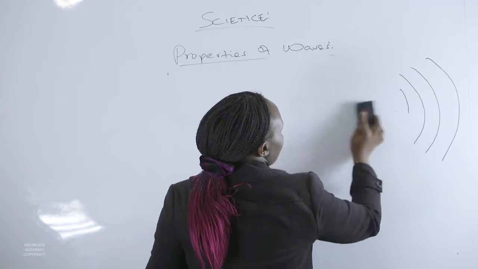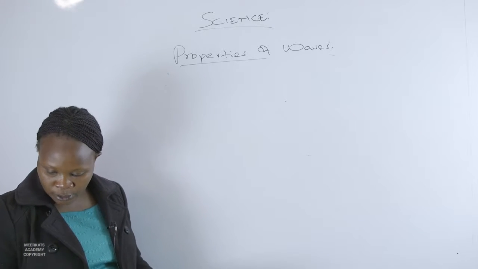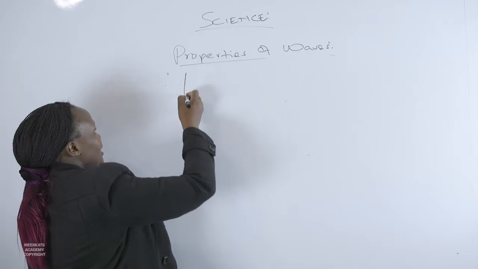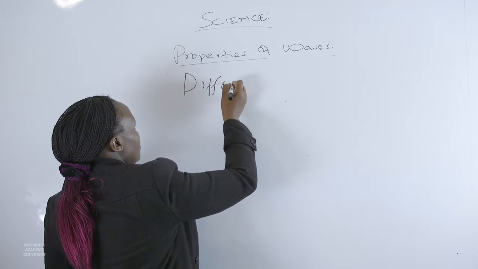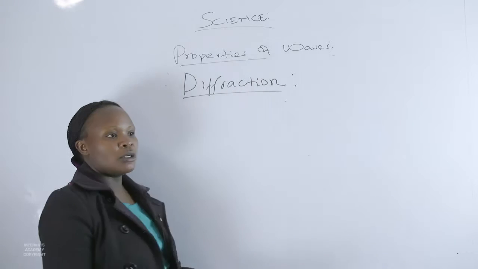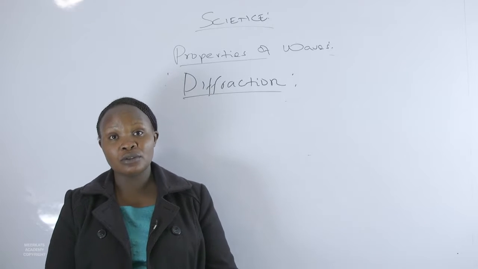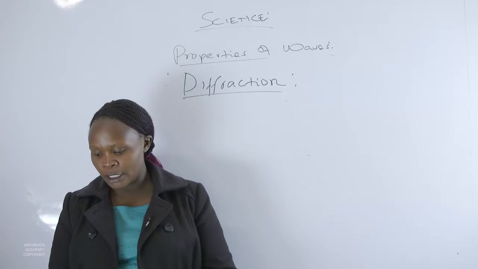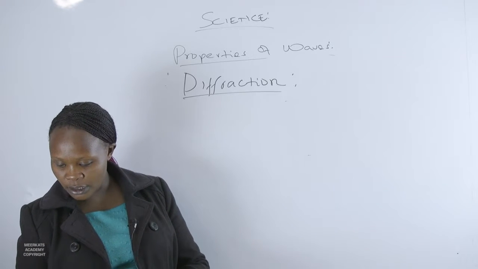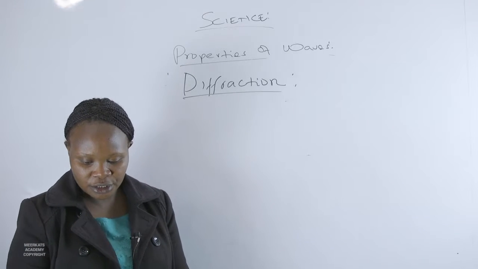Now, let us talk about yet another property of waves, which we are going to call diffraction. Now, we have looked at refraction. We have seen that refraction is actually that bending of waves when they come across an obstacle, or when they change medium.